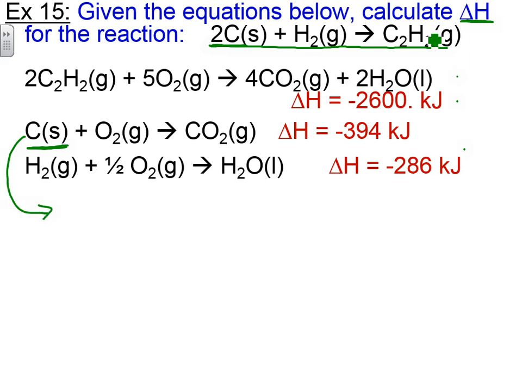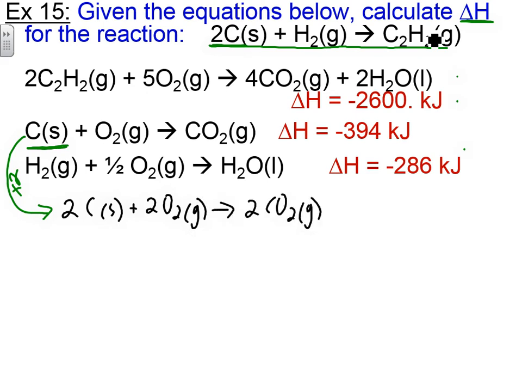So I'm simply going to double it, not change it, but double it. And I've got 2 carbon solid plus 2 oxygen gas, giving me 2 CO2 gas. Now my delta H also must get doubled.